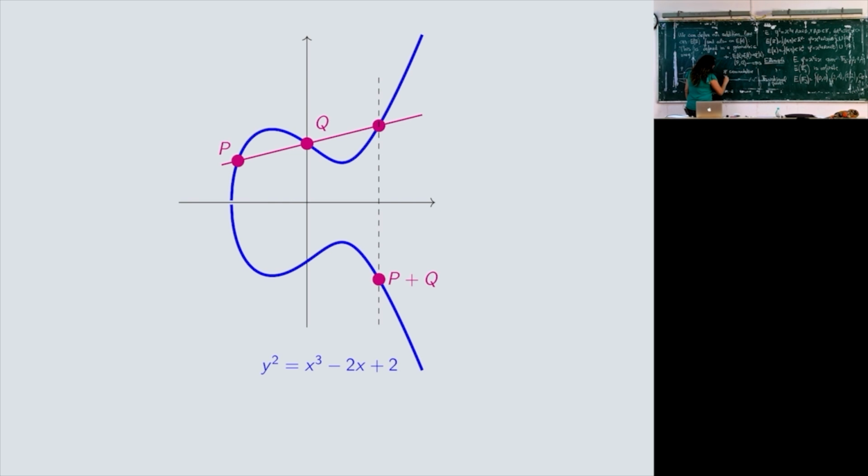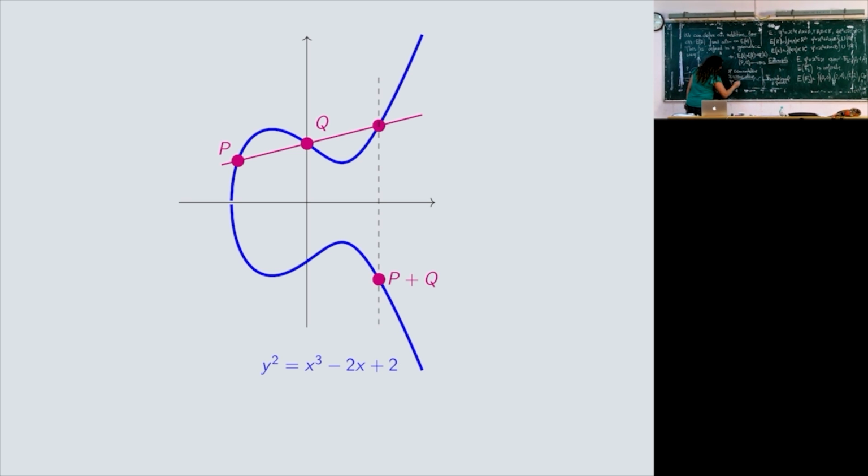Then it is true also that it's associative, but it's more difficult to prove. Again, go to one of the books if you're interested in it. And then it has a 0 element, like identity. And in your opinion, what is this identity? The point at infinity.